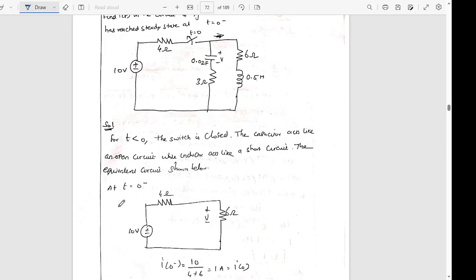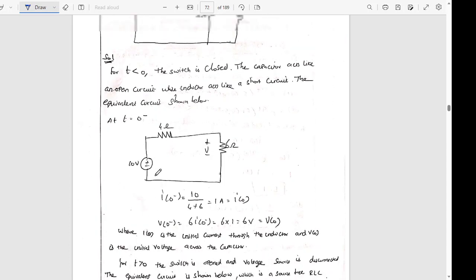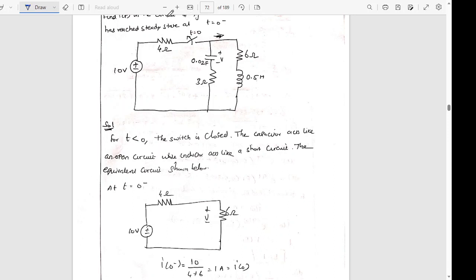At that time the switch was closed. 0⁻ and 0 are the same for us; the order of execution is different. So 0⁻ happens first and then 0. So at t = 0⁻ the circuit reaches steady state.